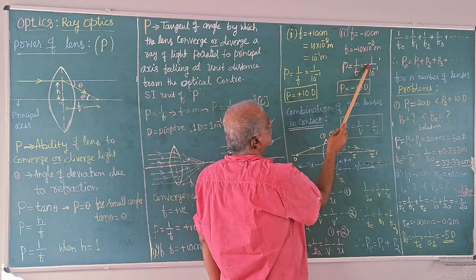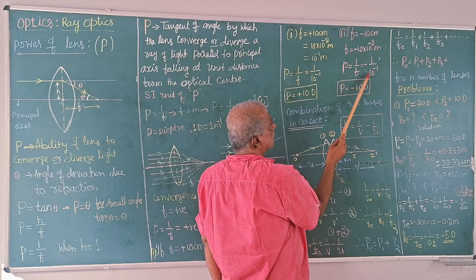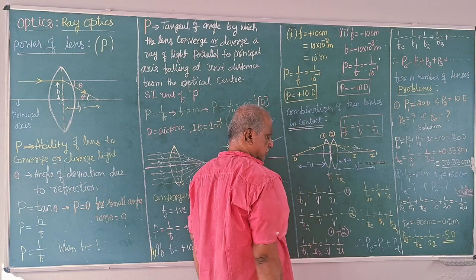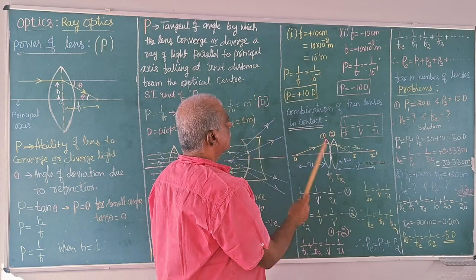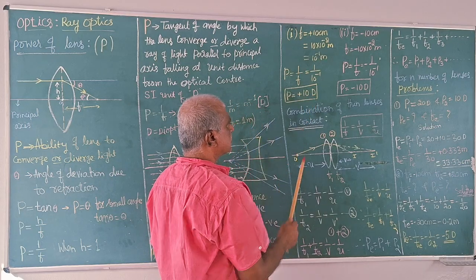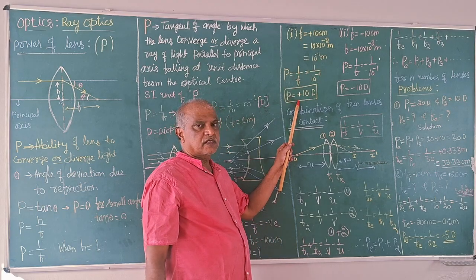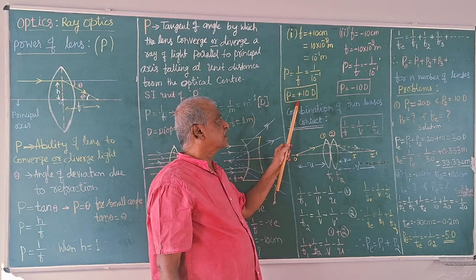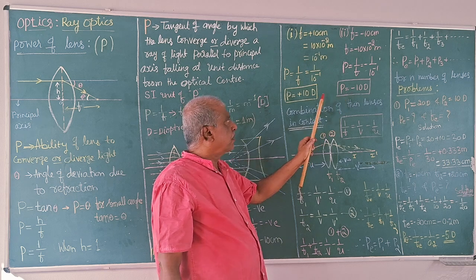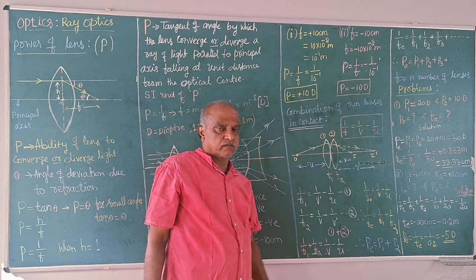Here f takes minus, so 1 by f gives P equals minus 10 D. Plus 10 diopter indicates a converging lens. Minus 10 diopter indicates a diverging lens, with a power of 10.